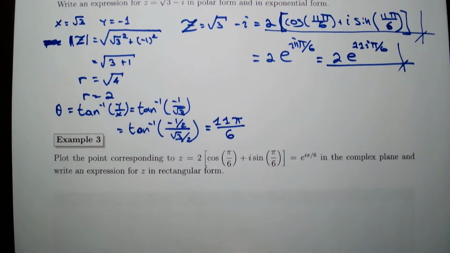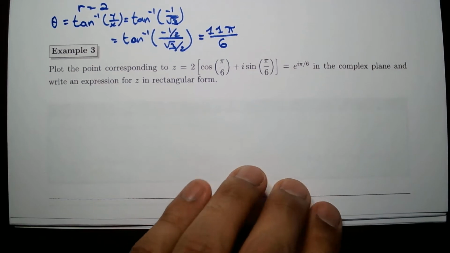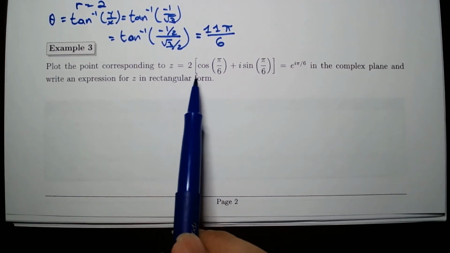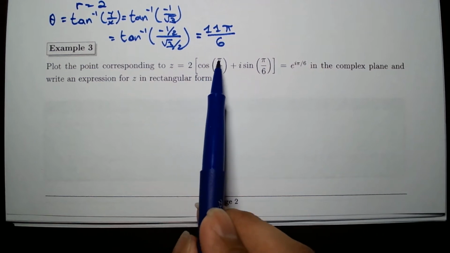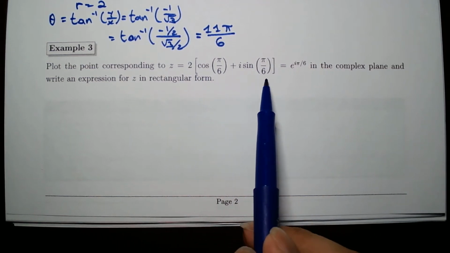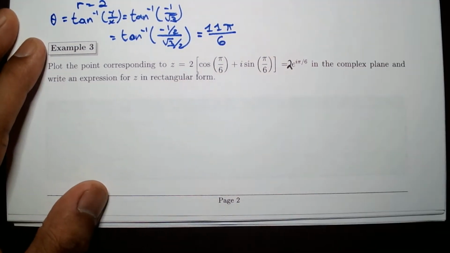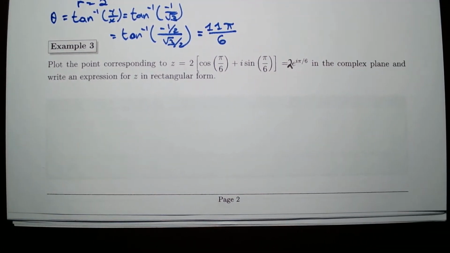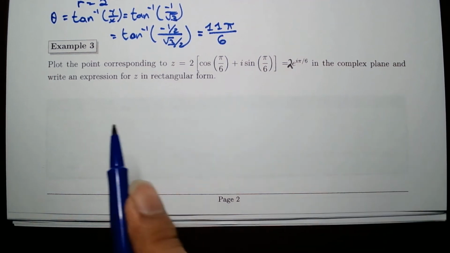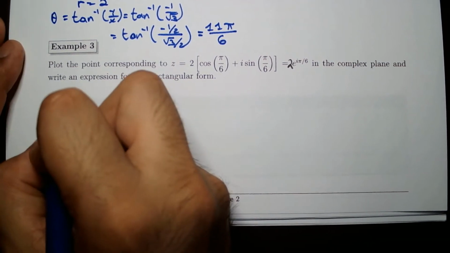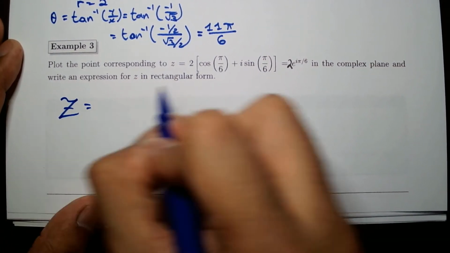Alright, so over here let's plot the point corresponding to z equals 2 times cosine pi over 6 plus I sine pi over 6, so in this case I need an extra 2. That's the radius as well in the complex plane, and write an expression in rectangular form. So ultimately what we're doing is simply simplifying these numbers.